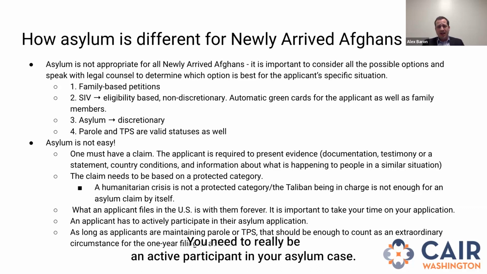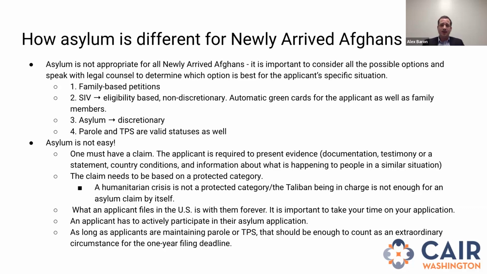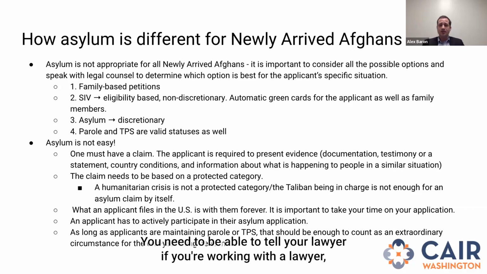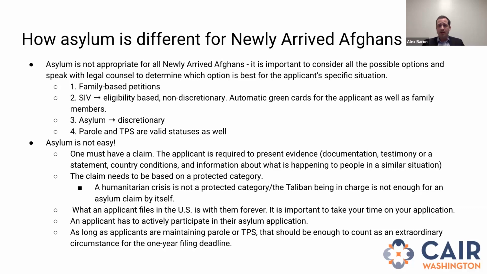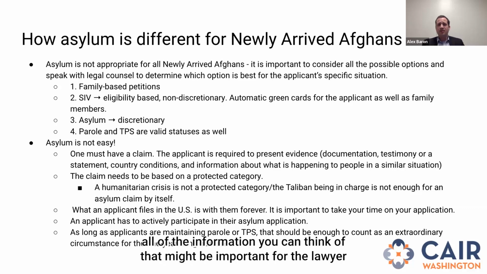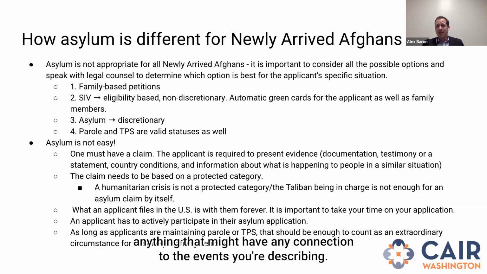You need to really be an active participant in your asylum case. You need to be able to tell your lawyer, if you're working with a lawyer, all of the information you can think of that might be important for the lawyer to know, or really anything that might have any connection to the events you're describing.